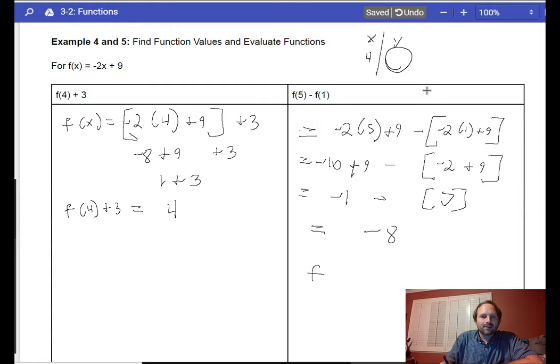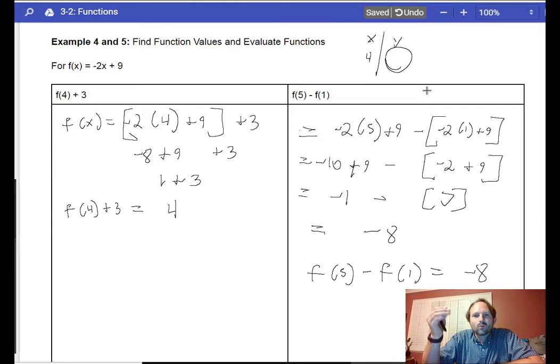So f of 5, if we input 5, what's the output? And then we subtract the output when our input is 1. That would be negative 8. Now we could have just figured out what the output is if we plugged in 5, and that answer would have been negative 1.